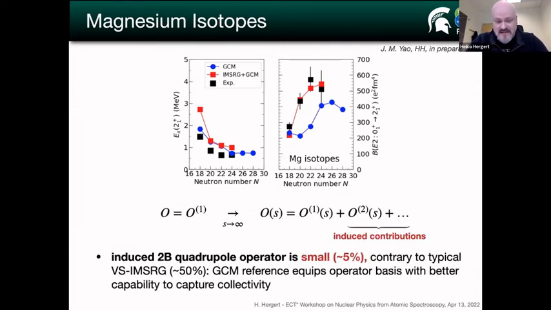And as a technical or consistency check, if we look at the transformed or evolved quadrupole operator, we see that with the GCM reference state in the IMGCM framework, the bulk of the effect is a transformation of the one-body operator. The induced contributions are found to be small, on the order of 5% or so, whereas in the valence space IMSRG, they are at least as important as the transformed one-body part. And again, for that, I refer to Ragnar's recent paper.